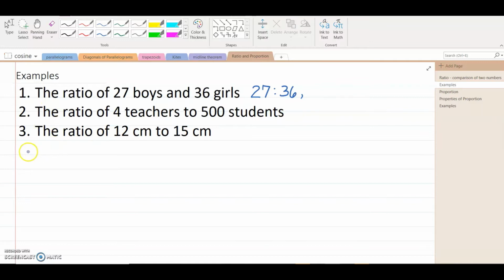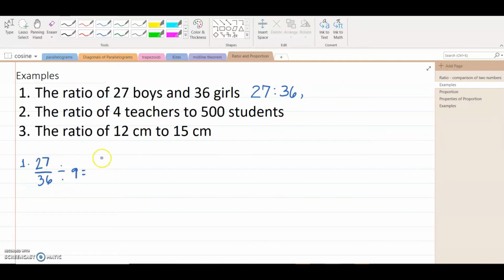So for number 1, we have 27 over 36. We just divide by the greatest common number, a number that can divide both 27 and 36. That is 9.